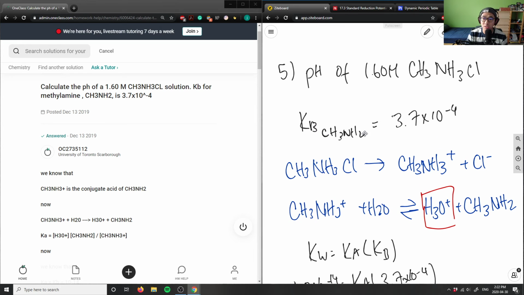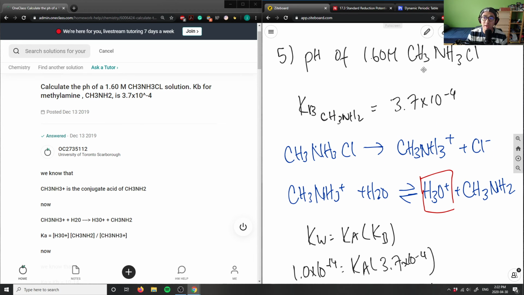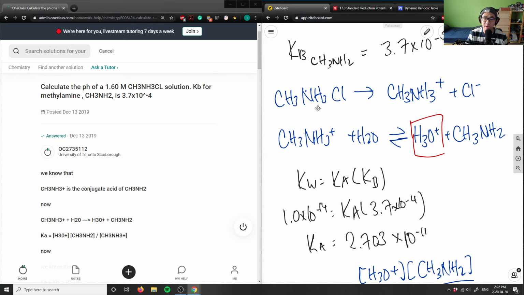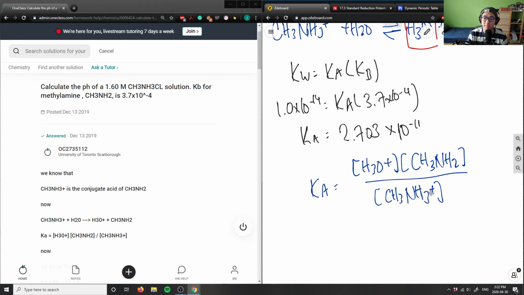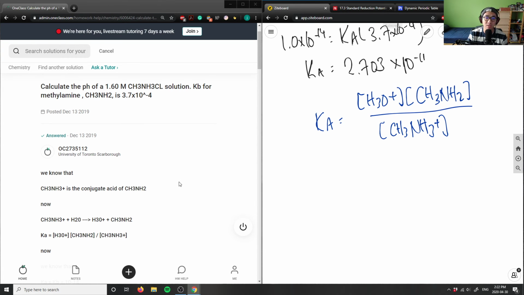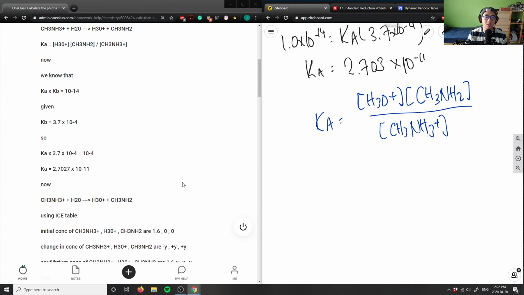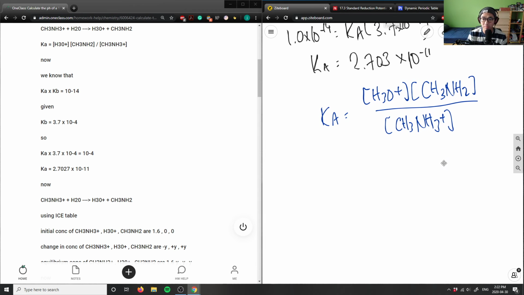I know my pH of this solution is 1.60, so this is going to fully dissociate into this ion, which means I have 1.60 as my concentration here. I don't know these other guys, so I can simply use an ICE table to figure out the equilibrium.